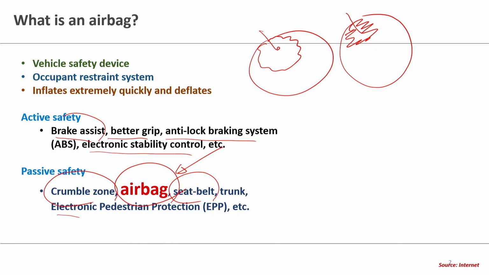So, different types of safety mechanisms are there, but here we will be discussing one specialized textile material which is airbag, which is used for protection of the occupants in any automobile, particularly the car.